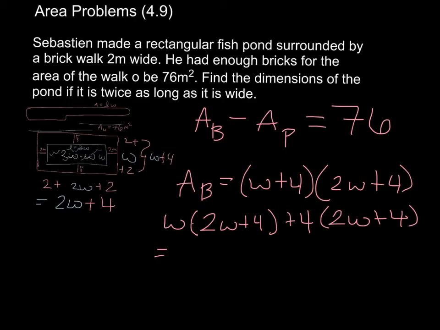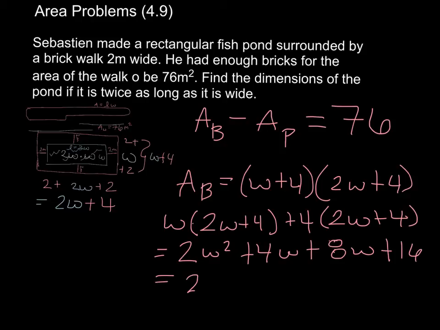So this is going to then be 2w squared plus 4w plus 8w plus 16. So this is going to simplify to 2w squared plus 12w plus 16. So this whole long expression, this second degree trinomial, just expresses the outer or bigger rectangle.